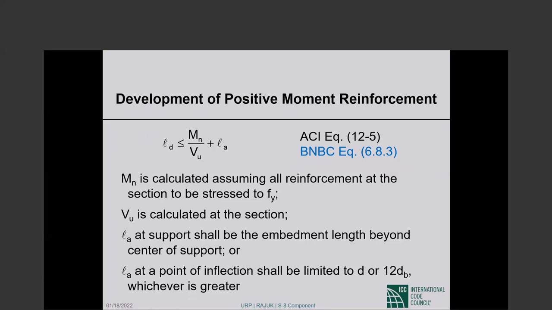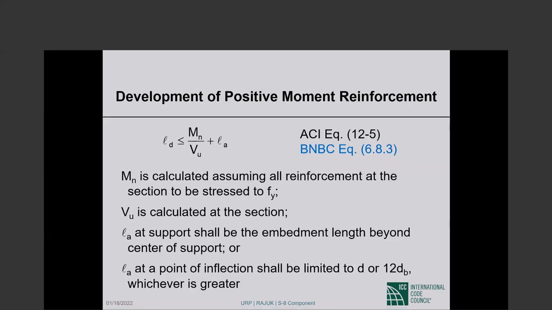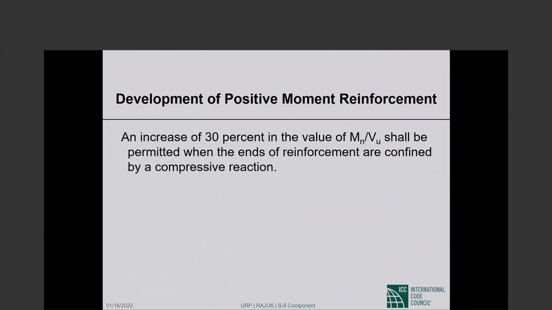The larger the bar diameter we want to use, the larger the required development length. So if you use too large a bar diameter, you'll be in violation of this requirement. If you have small bar diameter, L sub D will be small, and then you'll be in compliance with this requirement. That's the idea. It is being done somehow indirectly.